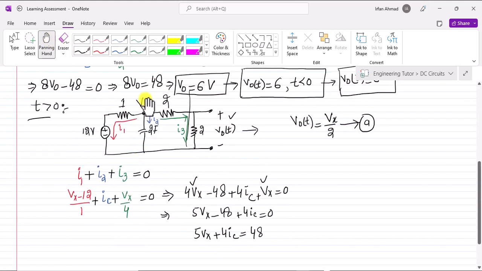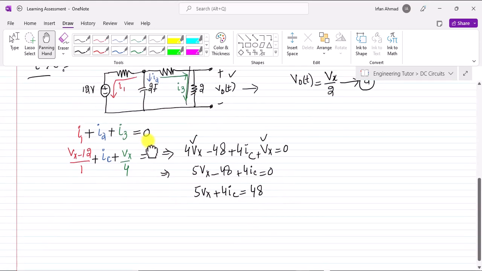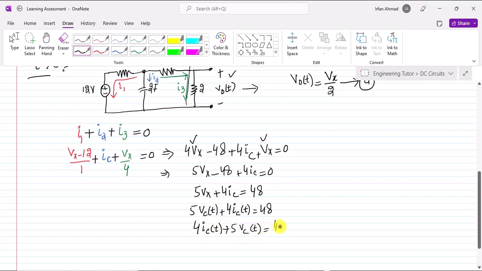This Vx is basically the voltage across the capacitor, so let me call it Vc of t, and calling the current here Ic of t, this will become 48. Or simply rearranging it, I will get 4 Ic of t plus 5 Vc of t equal to 48.